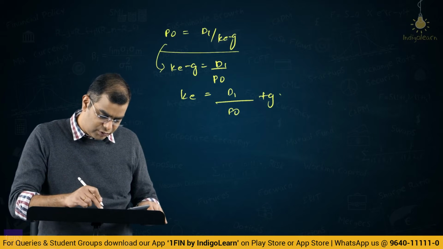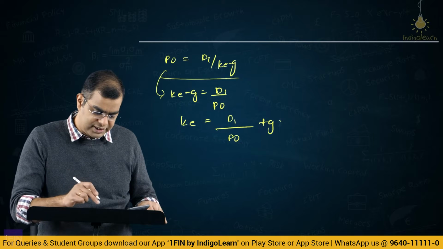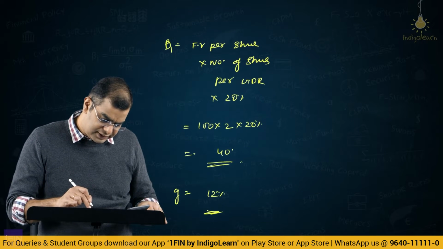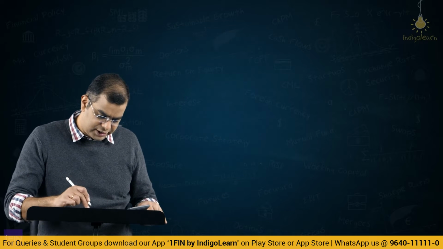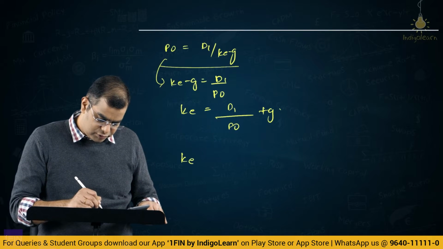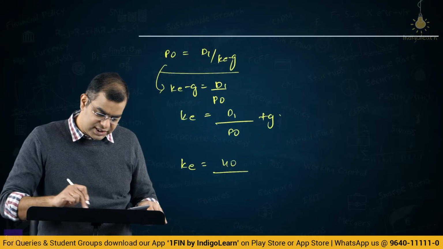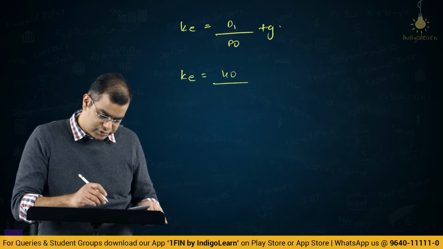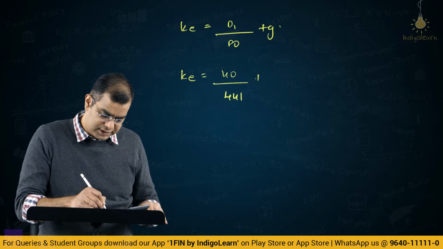So in our question, what is KE? KE is what we have to find out. What is D1? G is 12%, and D1 is 40, which we have computed. So KE is equal to 40 divided by, which case is this? This is the case where it is 441, right? By 441 plus 12%.